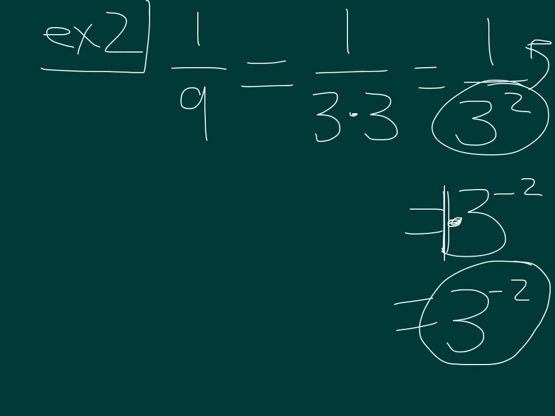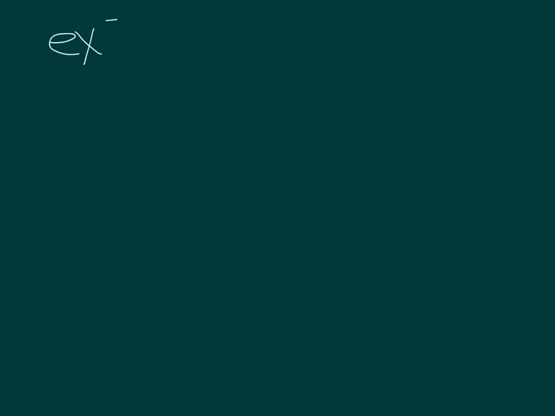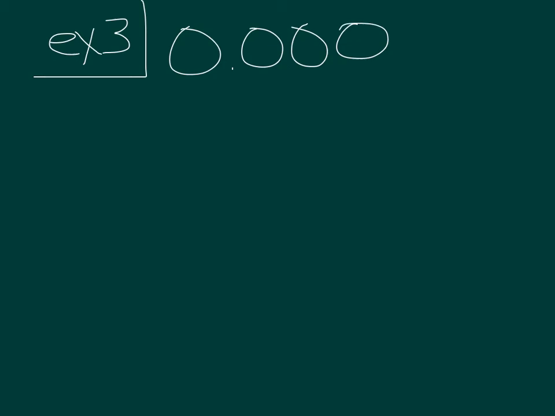Let's try example 3. Example 3 says geckos have tiny hairs on the bottom of their feet called setae. These setae are about 0.000001 meters long. Write the decimal as a fraction and as a power of 10.